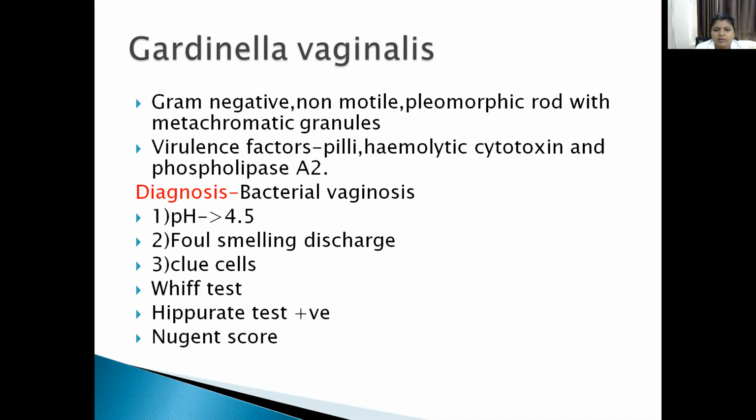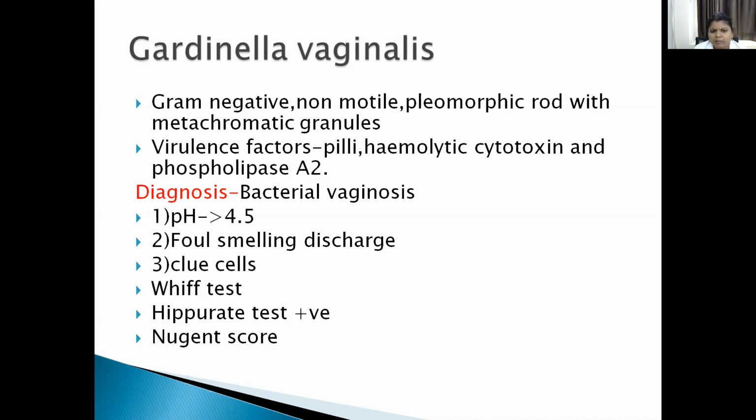These are microaerophilic. Sometimes they are also associated with anaerobic bacteria like Mobiluncus and other anaerobic bacteria causing bacterial vaginosis.